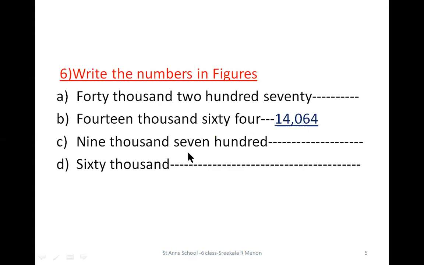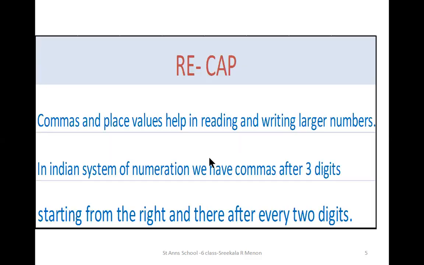So today we explained exercise 1.1. 6 bits we completed, my children. I think you are very clear in these explanations. Now we will go to the recap of today's concepts.